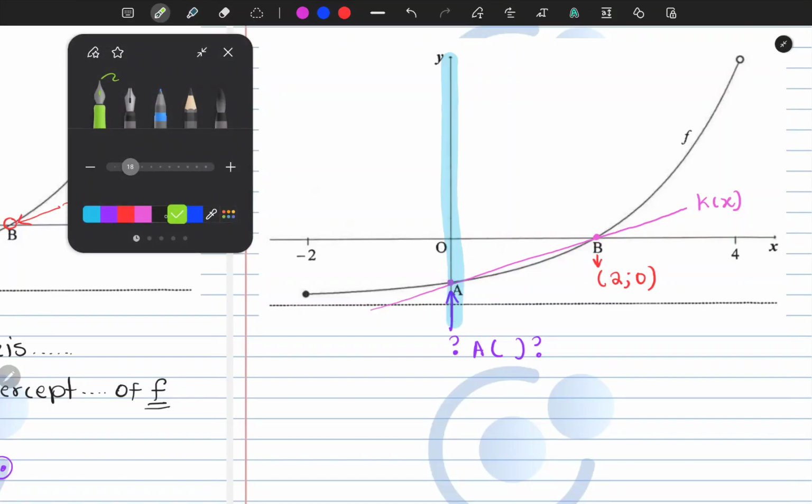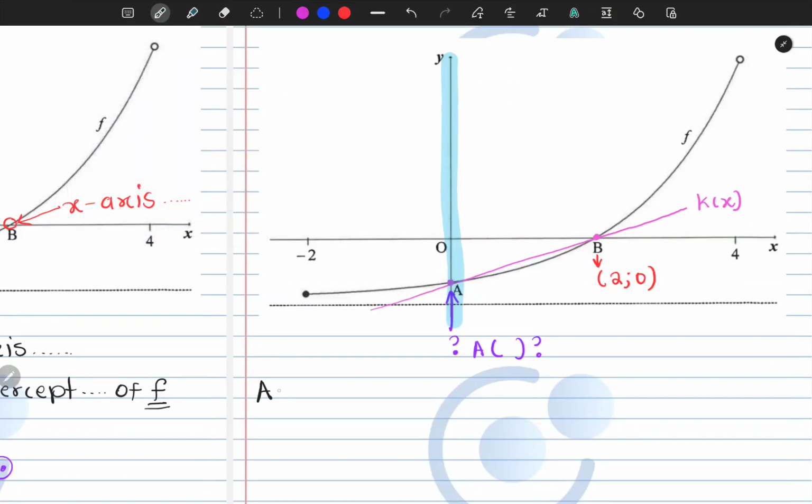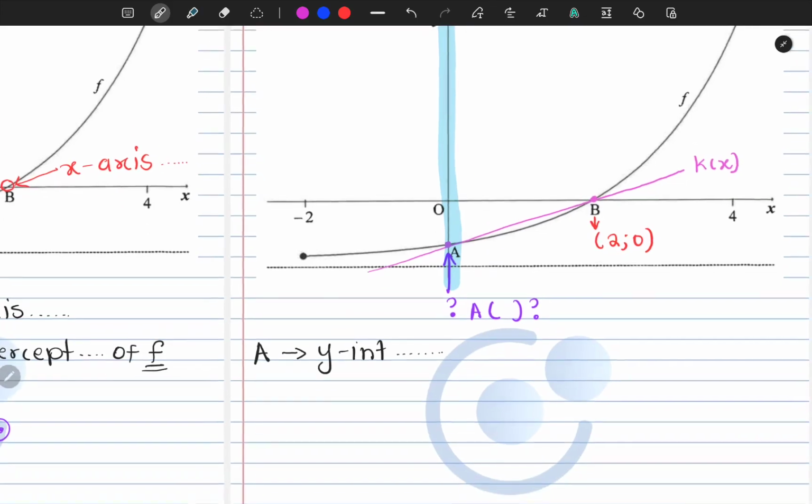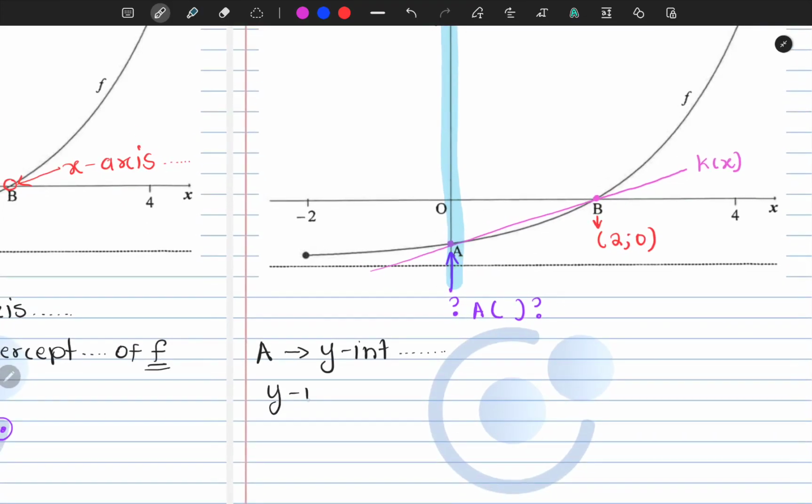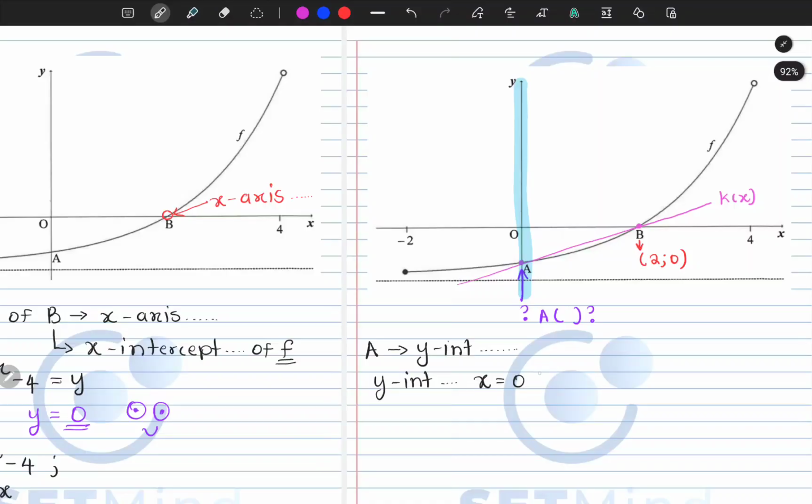So the coordinates of A are on the y-intercept. And we know that when we are looking at the y-intercept, our x always becomes 0.